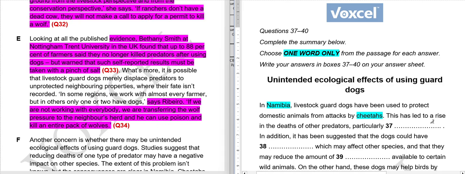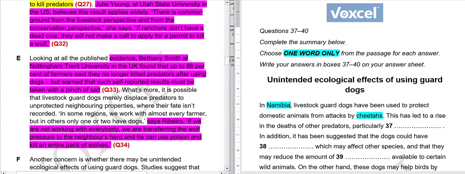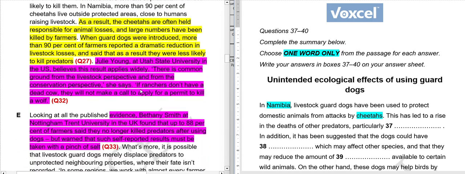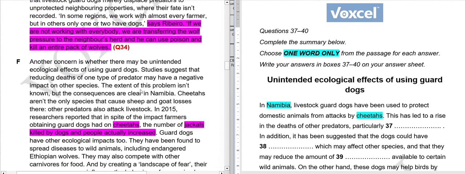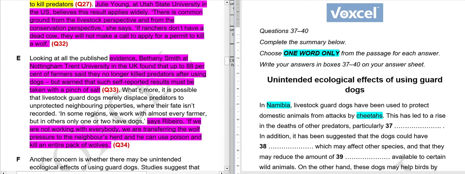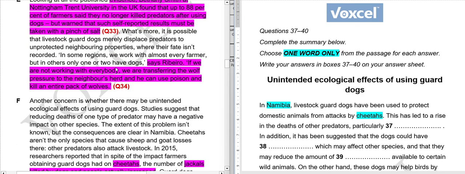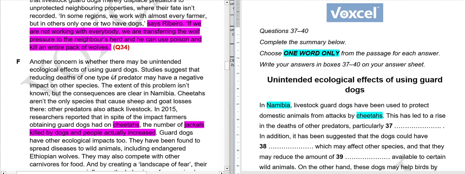This has led to a rise in the death of other predators, particularly dash. So we have read something here. Namibia, there is nothing about Namibia up till now because we have read this. Yeah, here is Namibia and cheetahs.